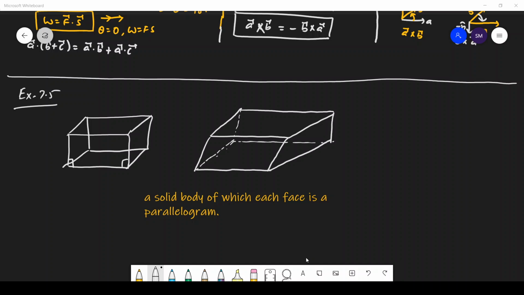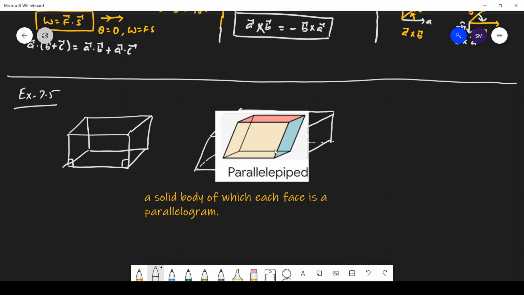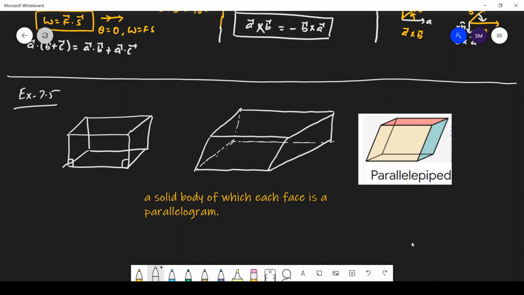So we have six parallelograms as the faces. We have six rectangles as faces in a cuboid, but here instead of rectangles we have these. So here we have our parallelepiped.